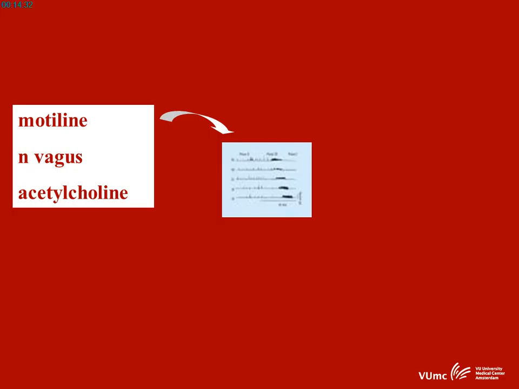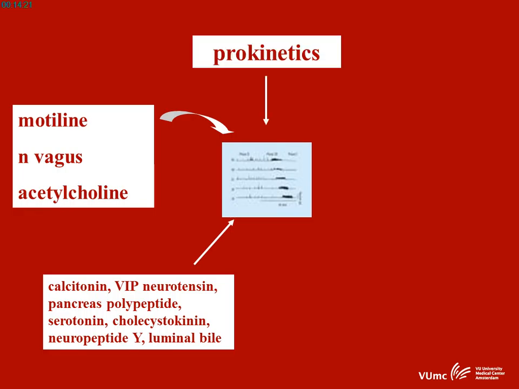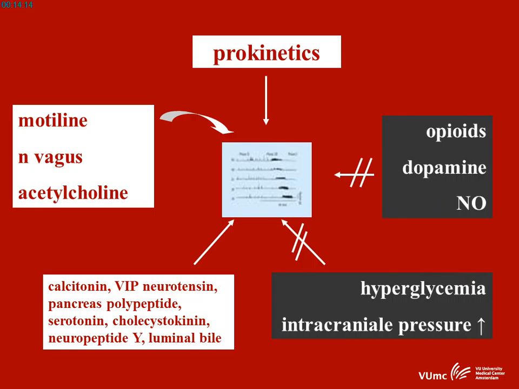Migrating motor complexes are primarily initiated by motilin, but also by vagal activity, acetylcholine, and a lot of enterohormones, and prokinetics also stimulate migrating motor complexes. But a lot of our interventions and part of our illnesses inhibit the migrating motor complexes. So we should limit their administration.